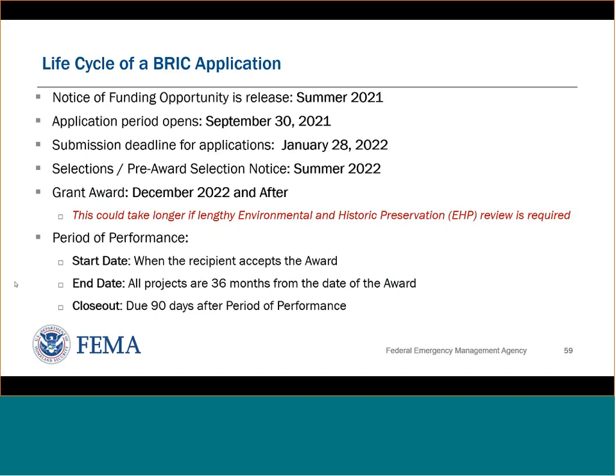Selections should be made in the summer of 2022, including pre-award selection notice, and the grants should be awarded December 2022 and after. This could take longer if there's lengthy environmental and historic preservation reviews required. The period of performance will start when the recipient accepts the award, and the period ends 36 months later. And then the closeout is due 90 days after the end of the period of performance. Next slide, please.